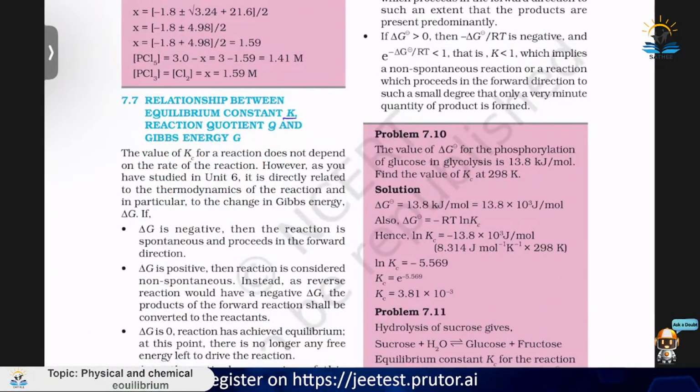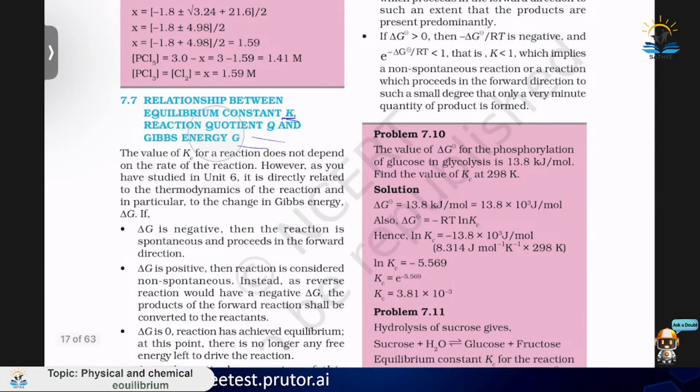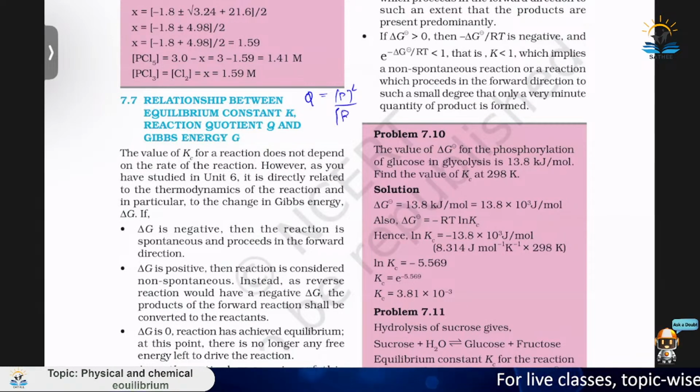Now let's see the relationship between reaction quotient, Gibbs energy, and equilibrium constant. The reaction quotient is basically like the equilibrium constant at any given point in the reaction when equilibrium is not attained. The expression for Q is also the same: products raised to their coefficients and reactants raised to their coefficients. But it is not at equilibrium.